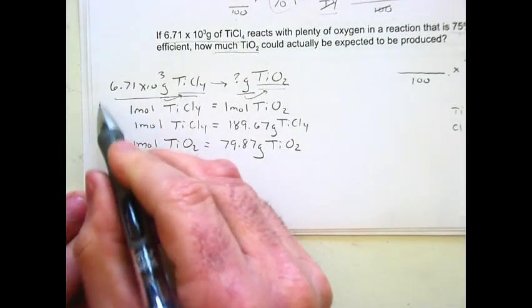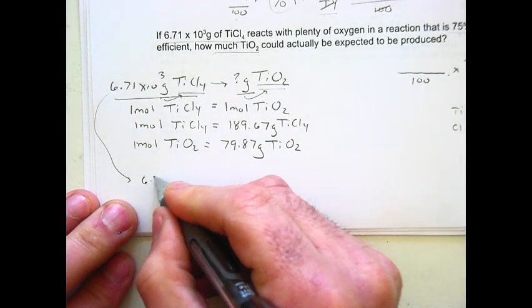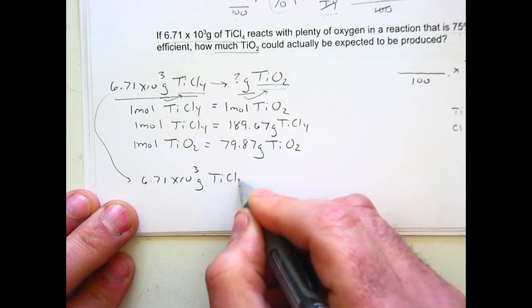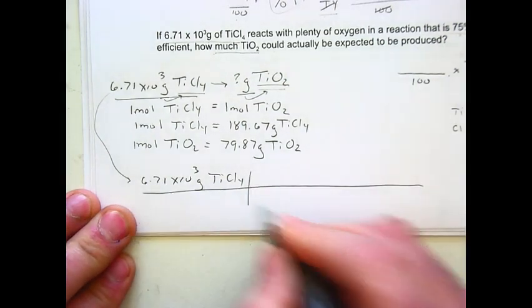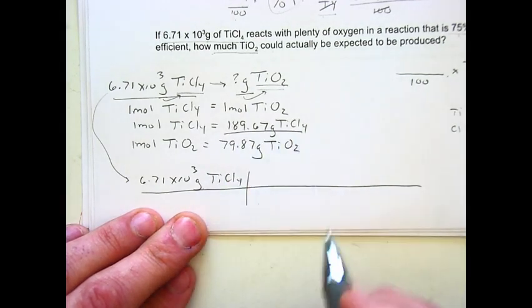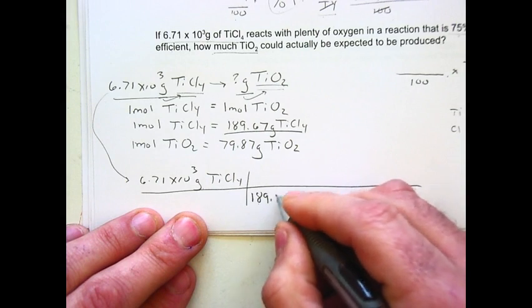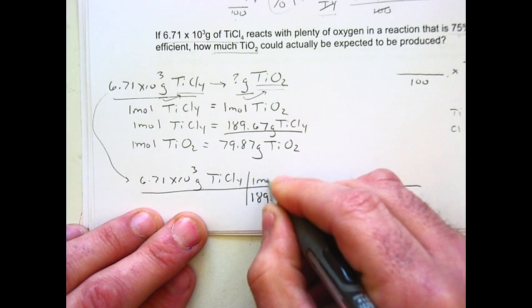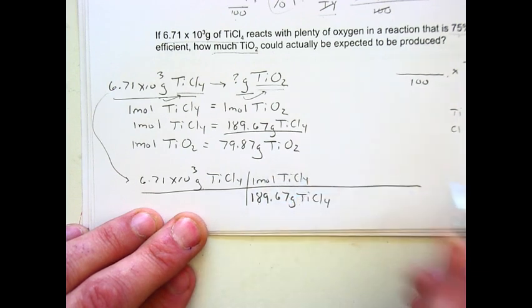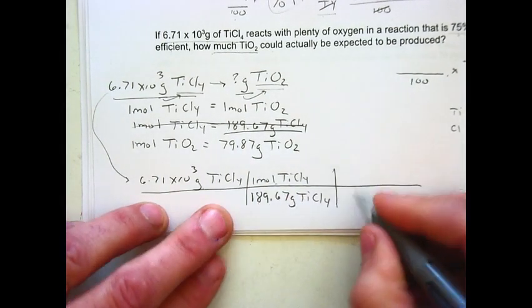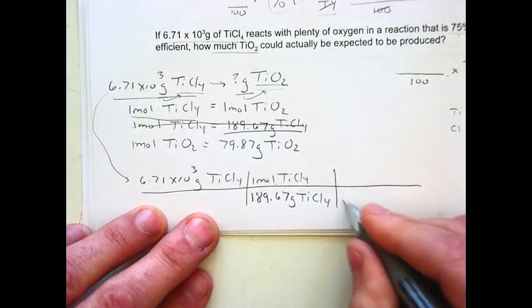And now we set up our grid. 6.71 times 10 to the third grams titanium(IV) chloride. We have grams of titanium(IV) chloride, so we want grams of titanium(IV) chloride. They're right there. 189.67 grams of titanium(IV) chloride is equal to 1 mole of titanium(IV) chloride. Cross that out so we don't use that again. Another vertical line, we have moles of titanium(IV) chloride.